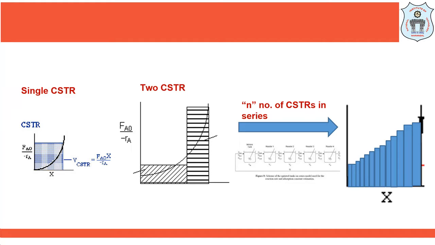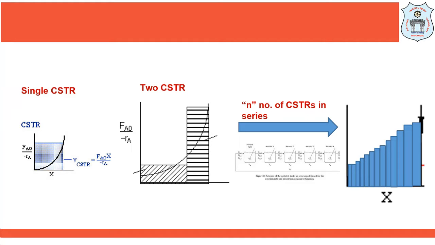When you keep increasing the number, that is, when n tends to infinity, it almost comes like the area under the curve instead of rectangles. That is what we understand here. When you use a single CSTR it is a big rectangle. When you use two CSTRs we have two rectangles of equal size, and we keep on increasing the number of CSTRs of equal volume.